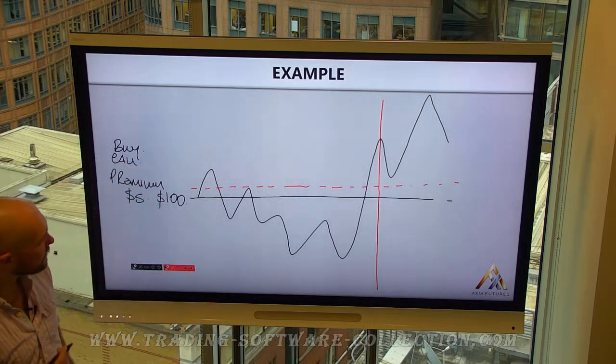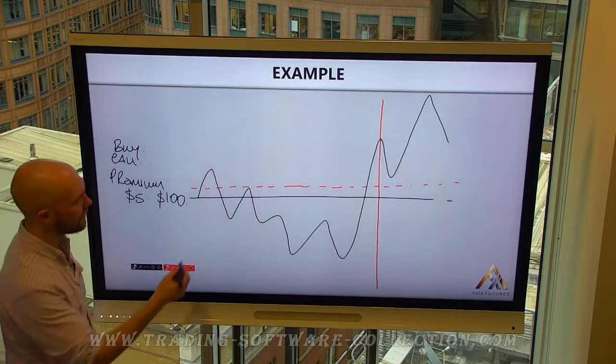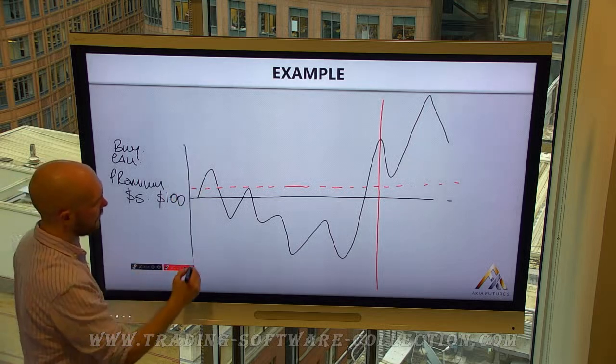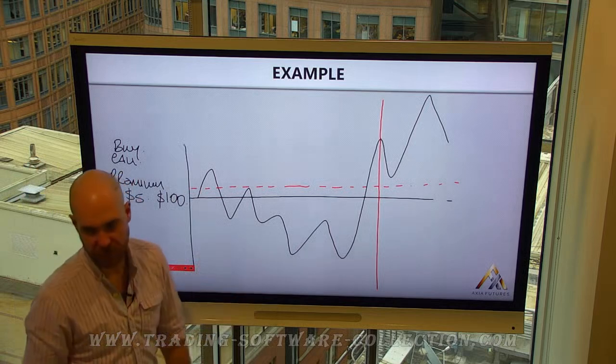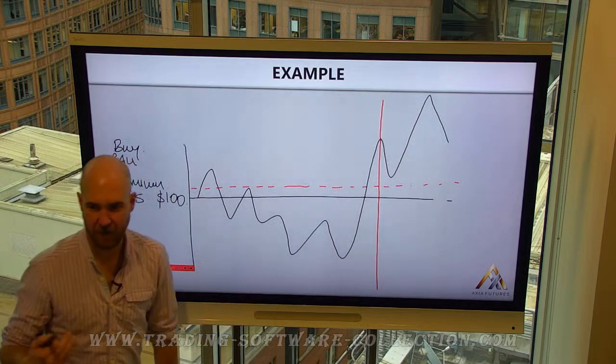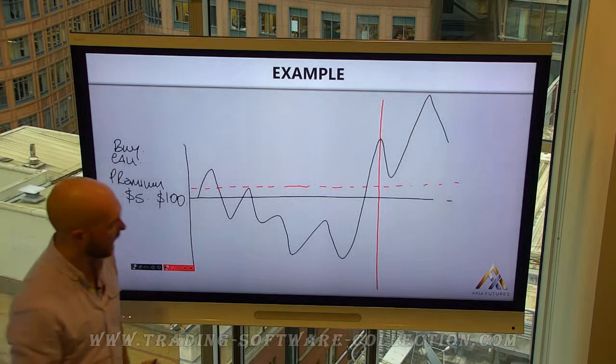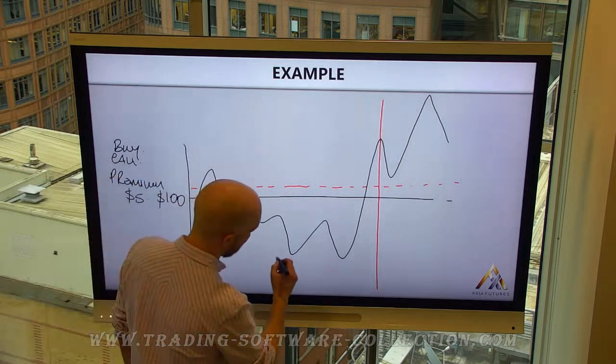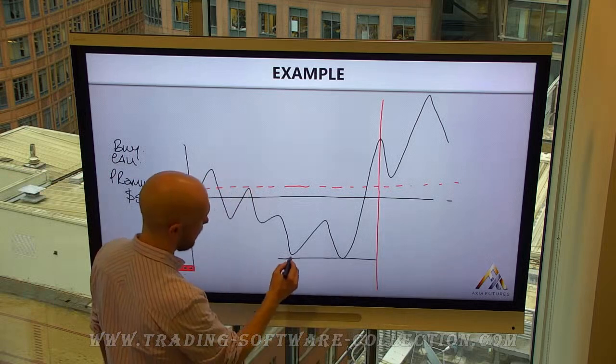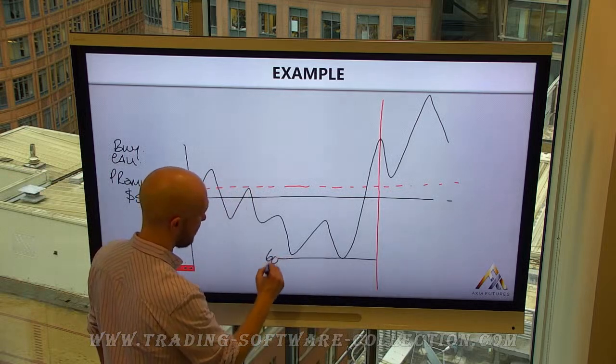But essentially, the lower the price goes, the cheaper the call option is going to be, because it's a lot further to go to get there. However, if you look here, assume these prices are both the same at 60.